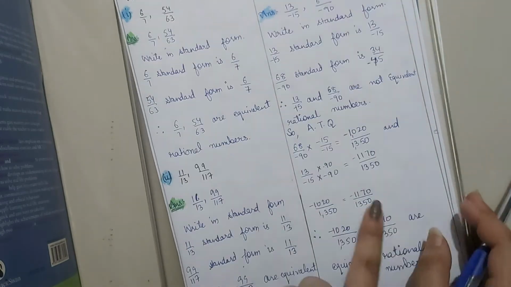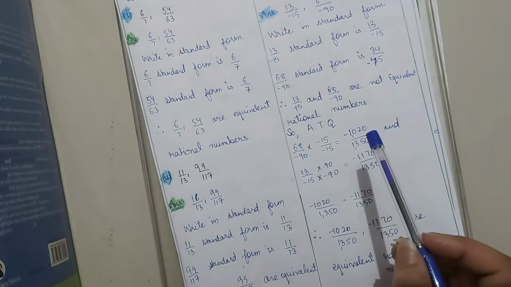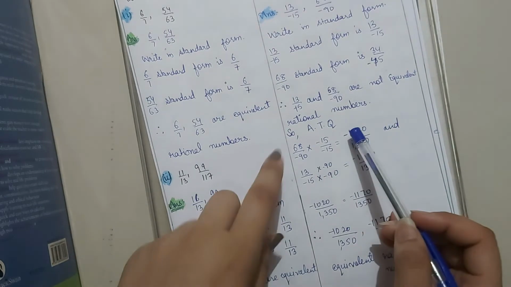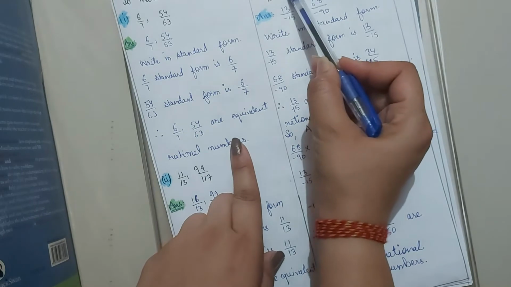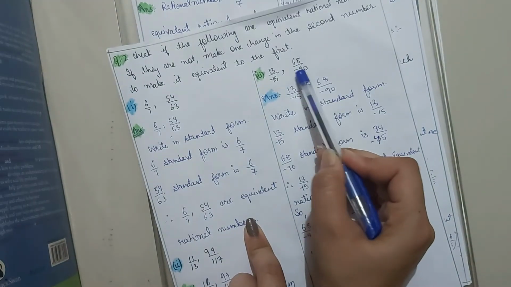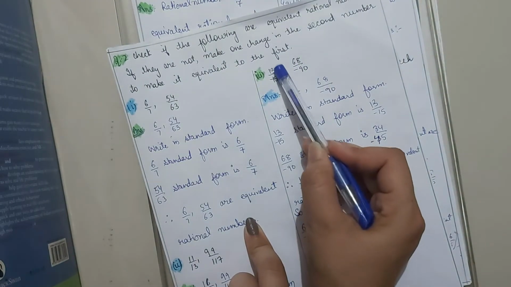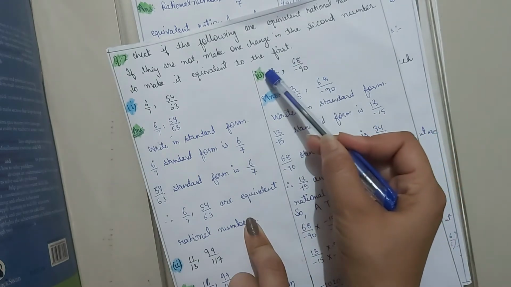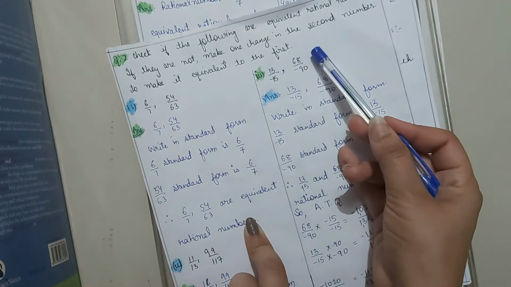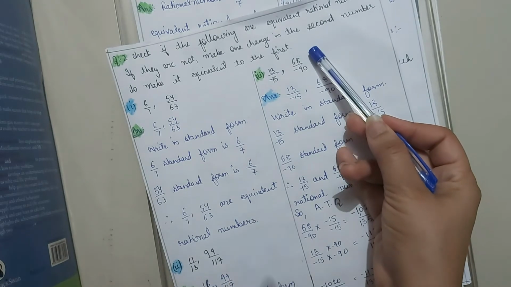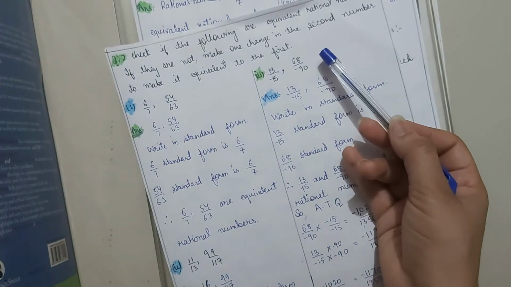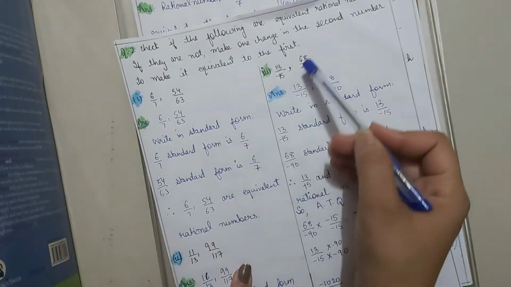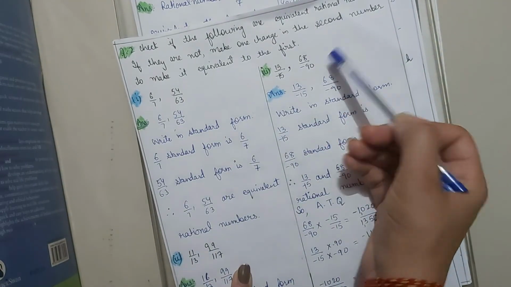So as we have read how to make them equivalent, simply multiply the denominator of the second to the numerator and denominator of the first, and the denominator of the second to the numerator of the first and denominator of the second.